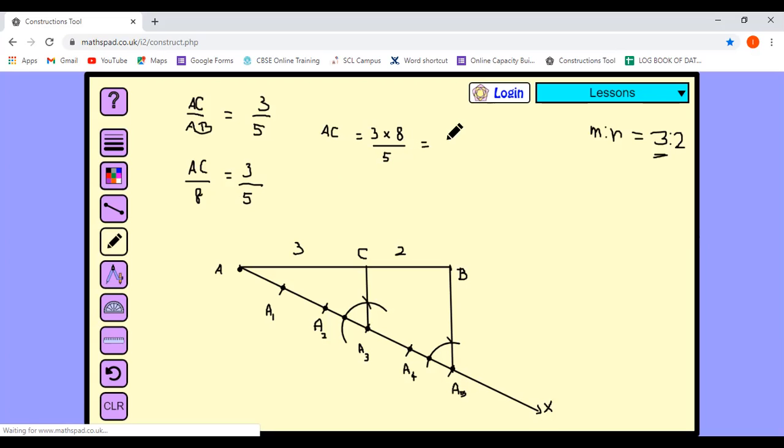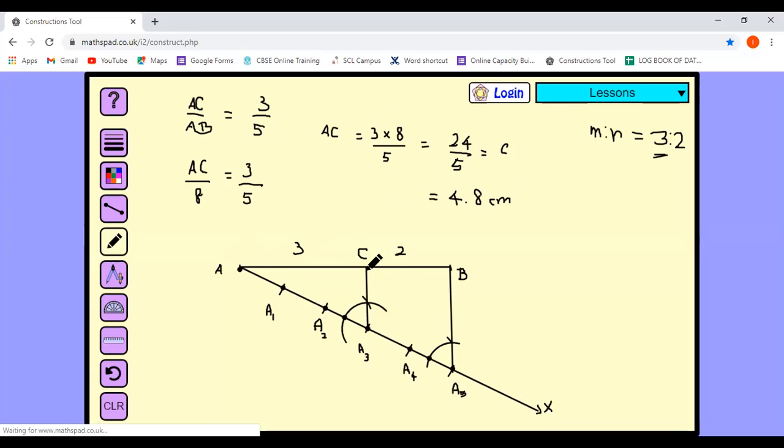That is 24 divided by 5, which is 4.8 centimeter.